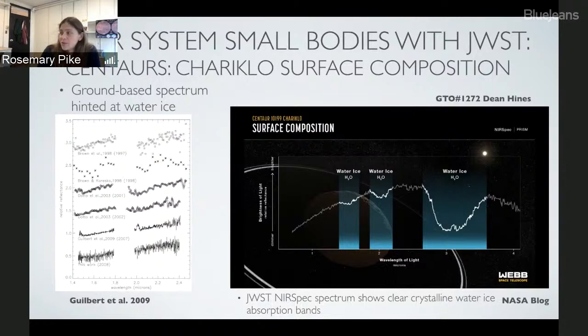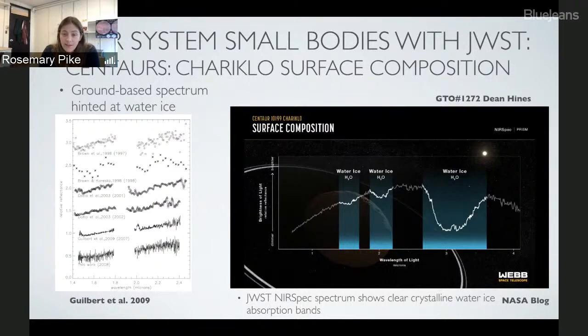But once we move up to JWST, you can see these really clear water ice absorption bands at a range in multiple positions along the spectra, and also that there's not a whole lot else in this object in particular.